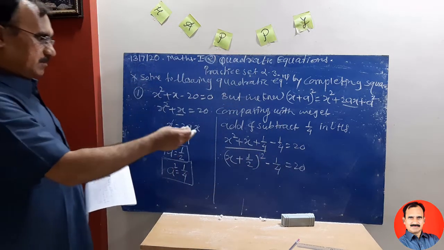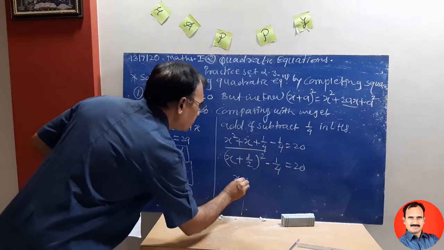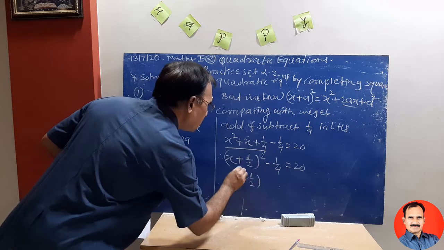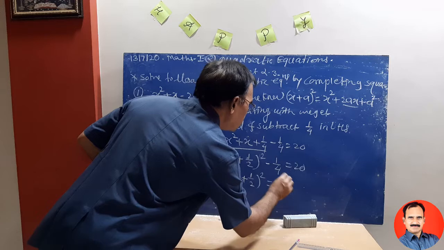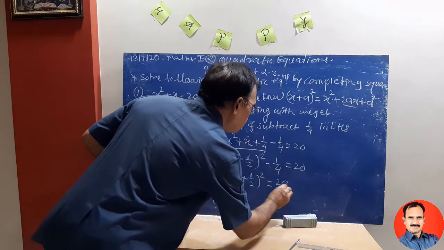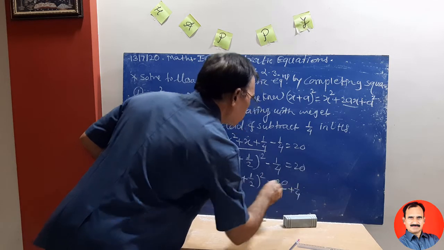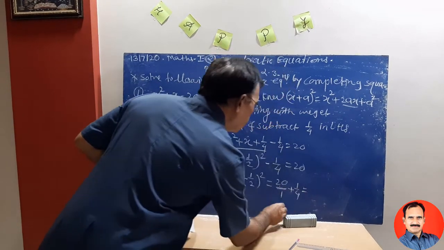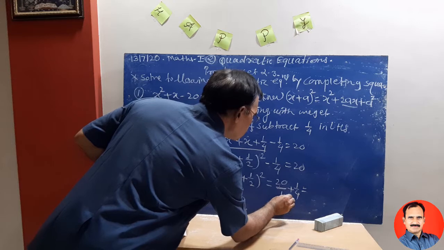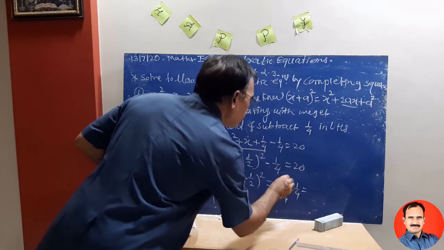Now take minus 1 by 4 on that side. (x plus 1 half) bracket square is equal to 20 upon 1, and minus 1 by 4 goes on that side, it becomes plus 1 by 4. By equating the denominators, 4 into 4.